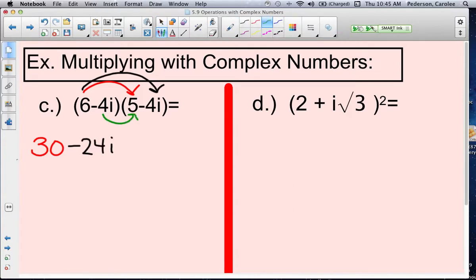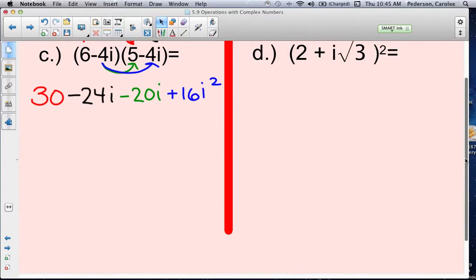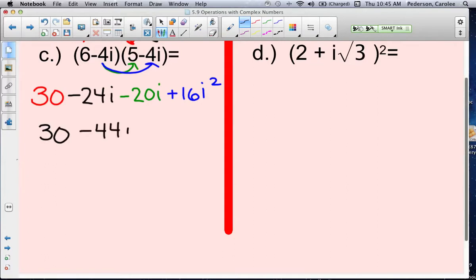Negative 4i times 5 is negative 20i. And then negative 4i times negative 4i is a negative times a negative is a positive 16, and then i squared. Now we can combine like terms in the middle. So negative 24i minus 20i is negative 44i.